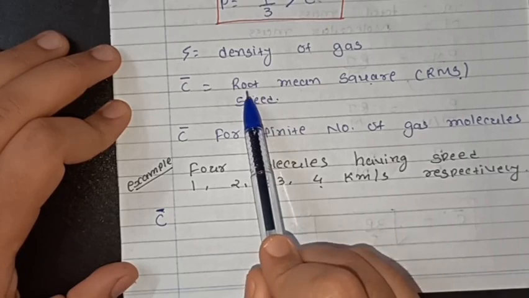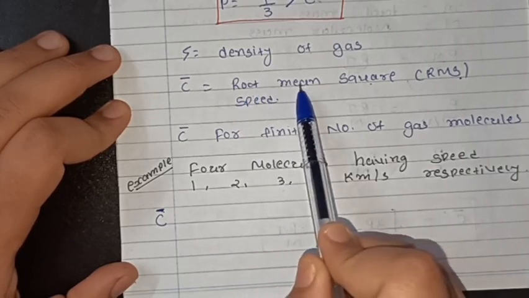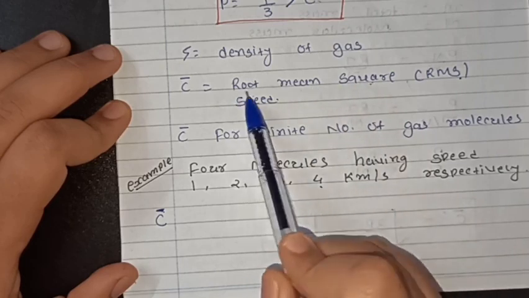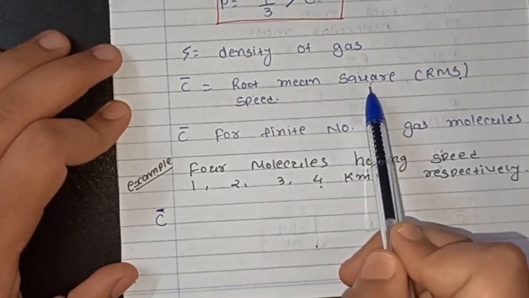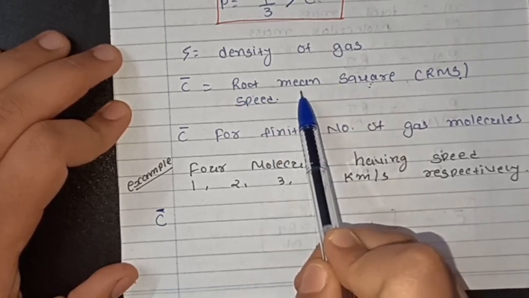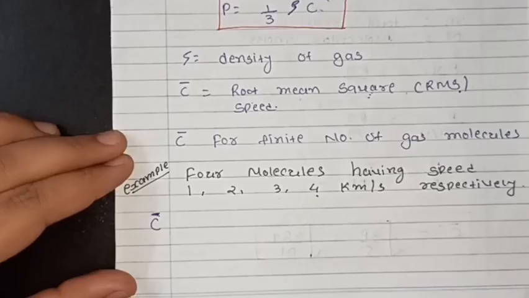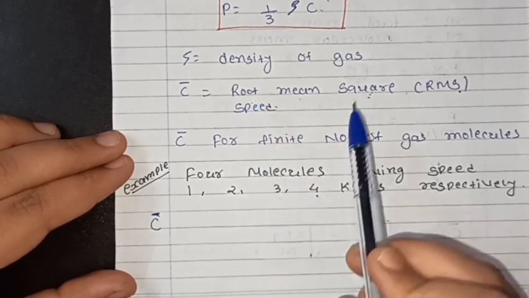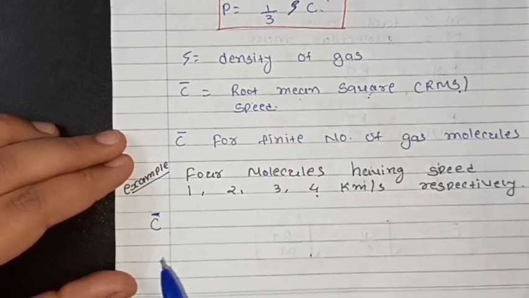As we are reading it as root mean square, the process will be exactly reversed. First we will square the speed, then we will take mean, and then we will take a square root. So first we will square the speeds.